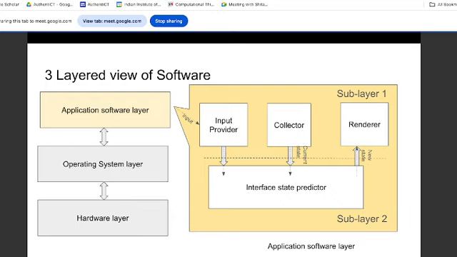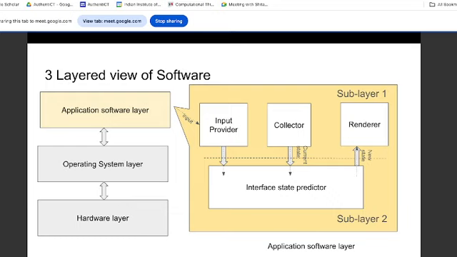Now once I've added these selections from my side, I've given some input. What happens is, there are two things that the interface state predictor combines. It combines my input and changes the existing state of this interface, because now the interface state predictor has to show me that this item has been selected, has been moved somewhere. So I should see that on the interface.